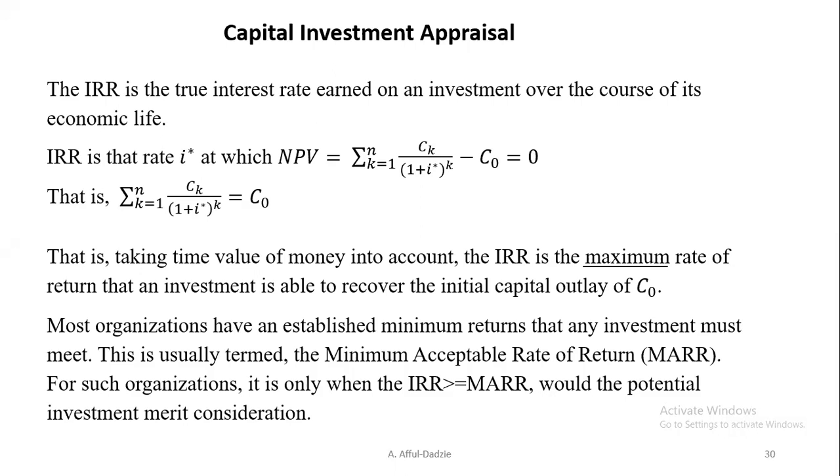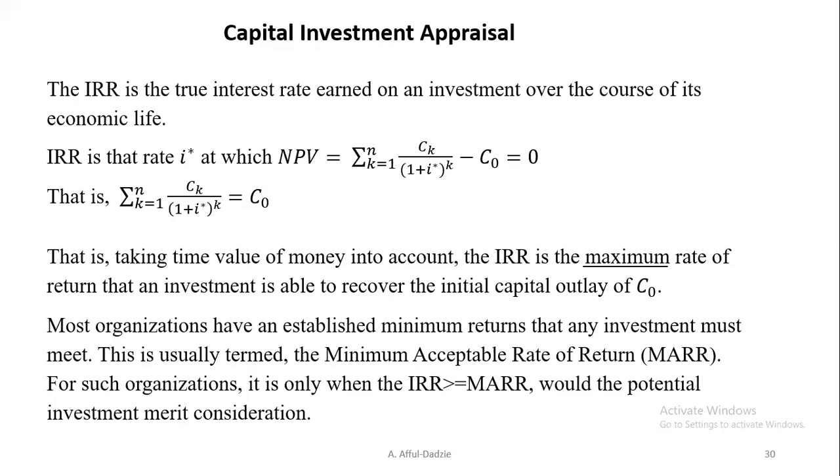So when we discount our inflows, or the cash flows that we have, and the difference between the total inflows and the initial investment, or the initial capital outlay, is equal to zero, that interest rate at which we do that computation, we refer to as our internal rate of return.